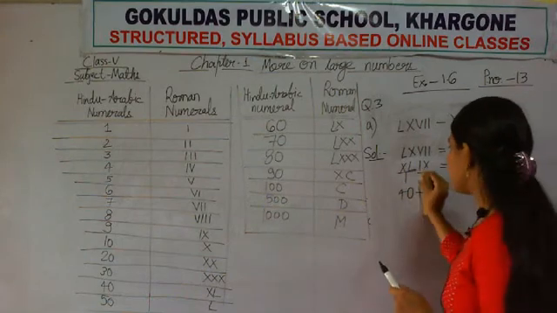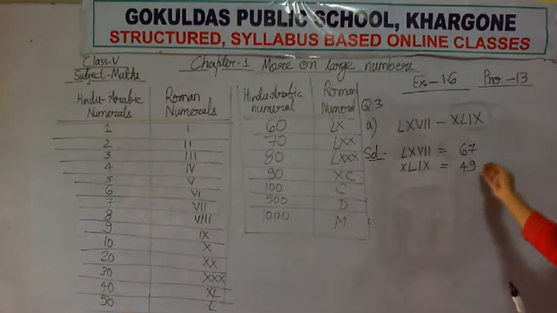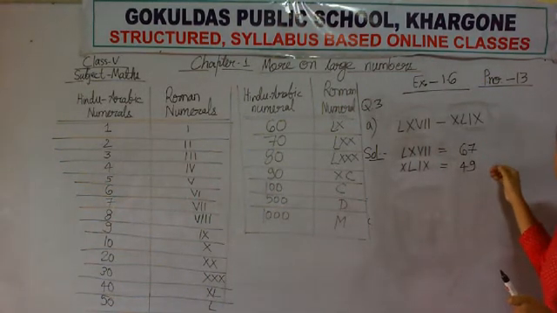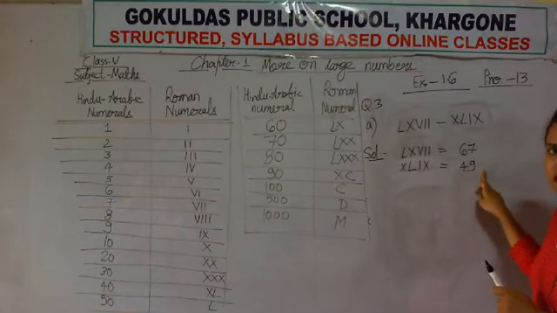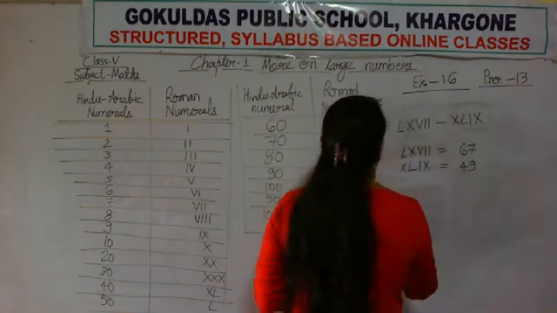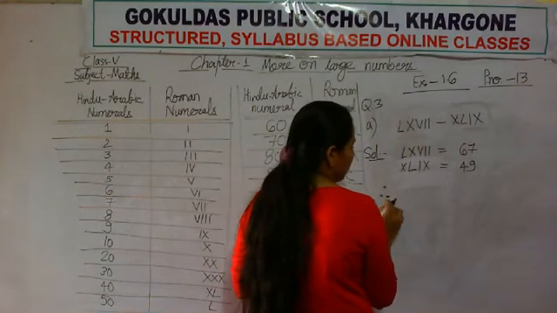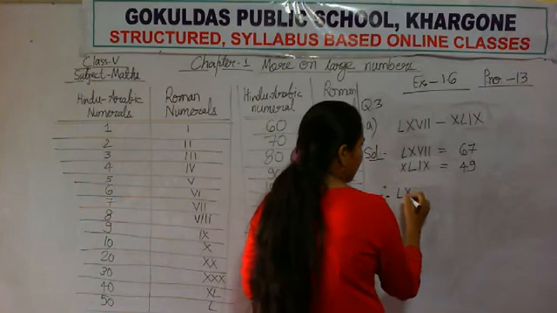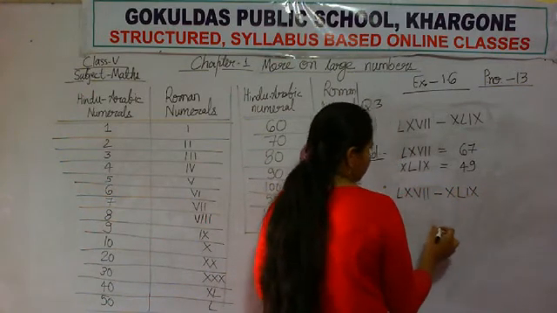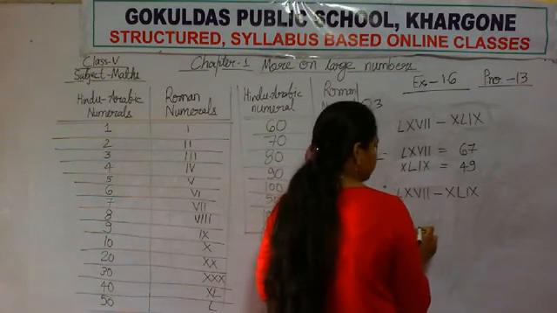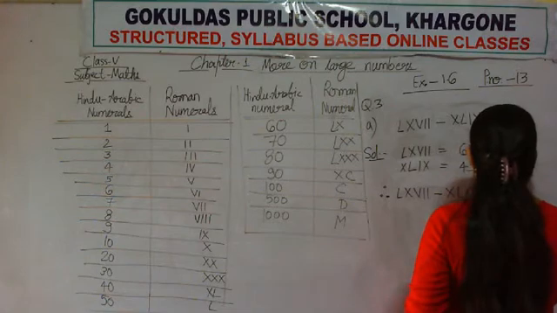Now can you subtract? You know that. Now you know the Hindu-Arabic numbers for these. Now can you subtract this? 67 minus 49. This three-dot symbol is for 'therefore'. Therefore LXVII minus XLIX equals 67 minus 49.